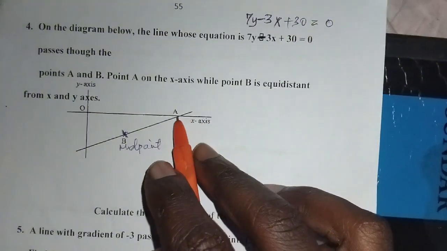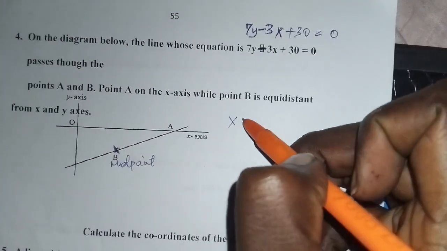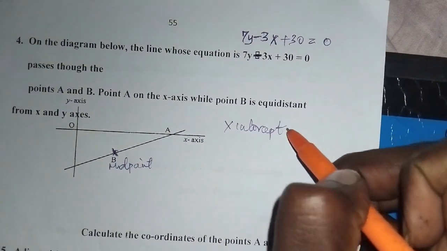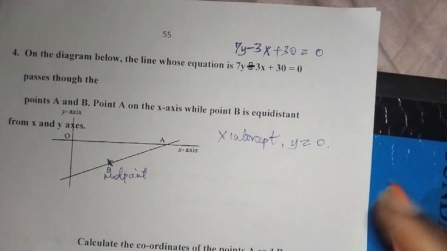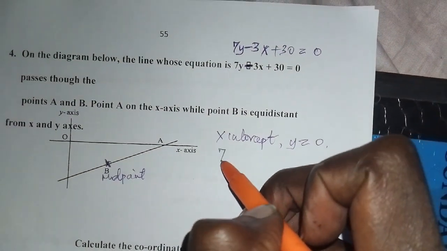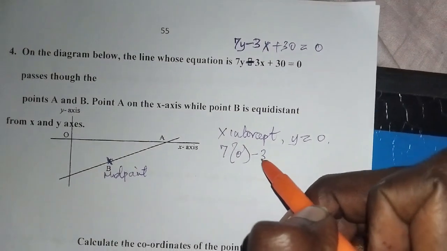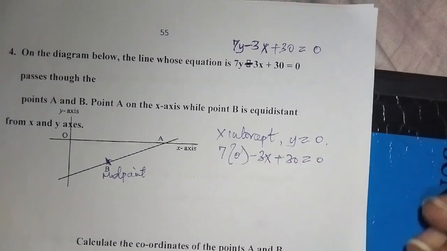At point A, this one is the x-intercept. They want the x-intercept. At the x-intercept, the value of y is 0. So we replace y: 7 times 0 minus 3x plus 30 equals 0.